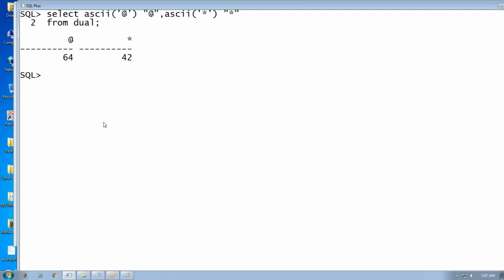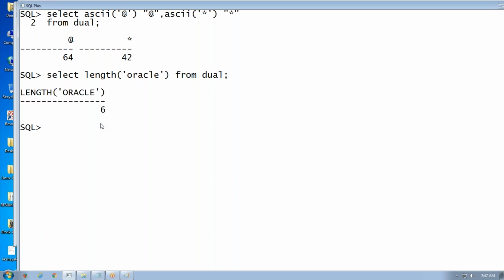What is length? How to find out the length of the string? Select length of something like 'Oracle' from dual. It will print the length of the given string.